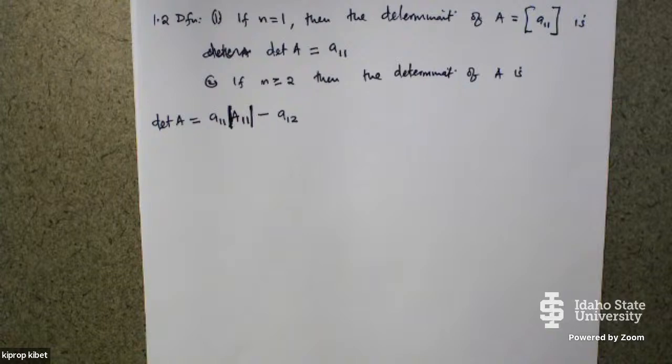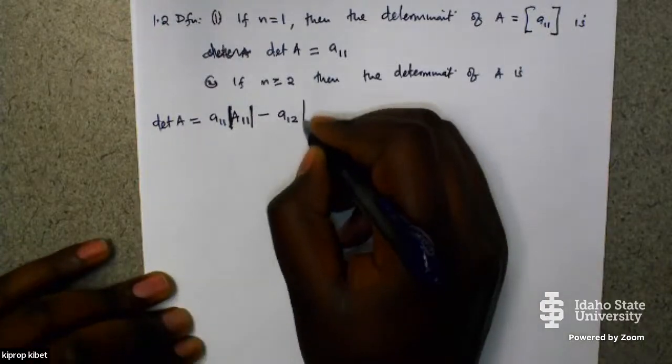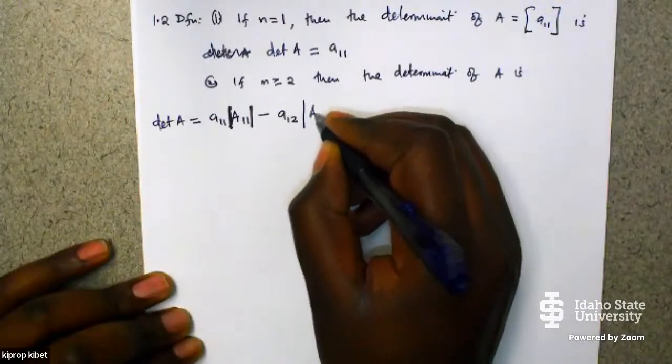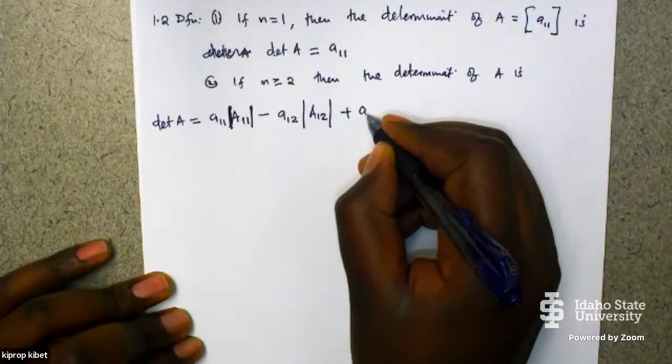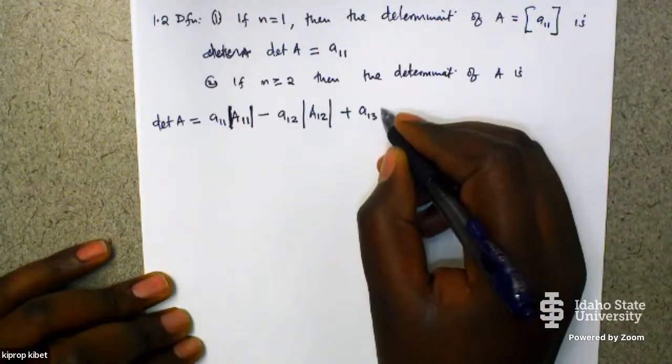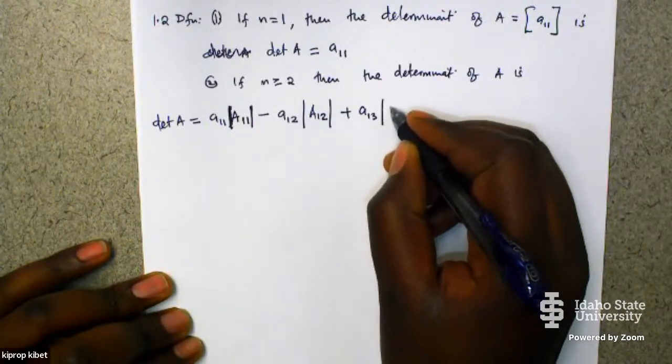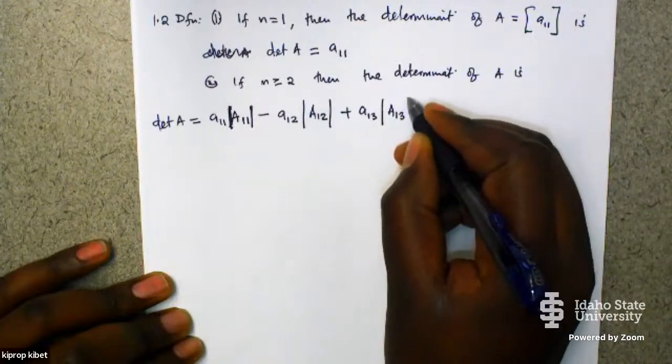So a11 is the first entry in that matrix, a12 is the second entry. So minus a12 times determinant of A12, plus a13 multiplied by determinant of A13.